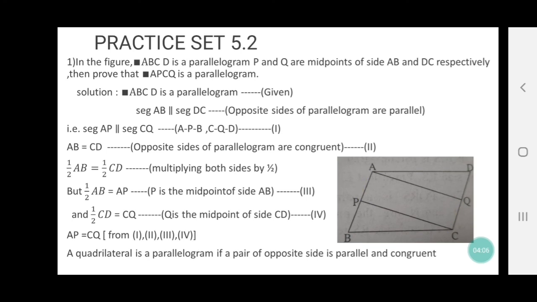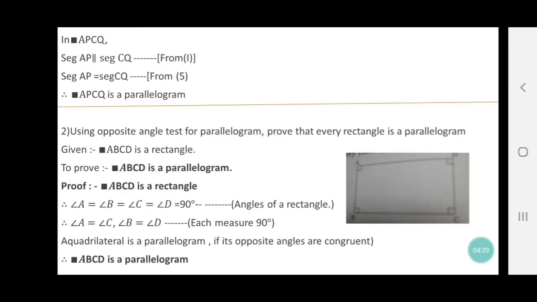Now as AP is equal to CQ and parallel, one pair of opposite sides is parallel and congruent, so the given quadrilateral is a parallelogram. So we come to the conclusion that quadrilateral APCQ is a parallelogram. Clear?